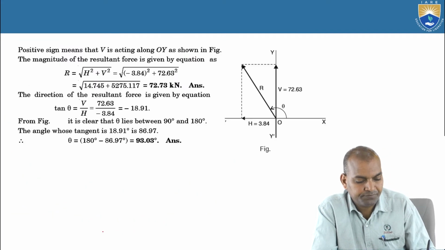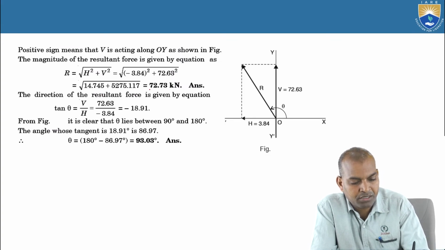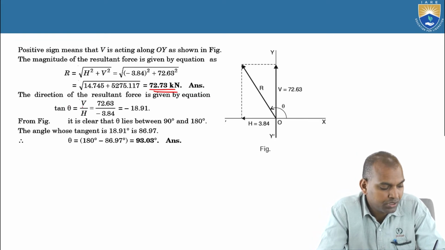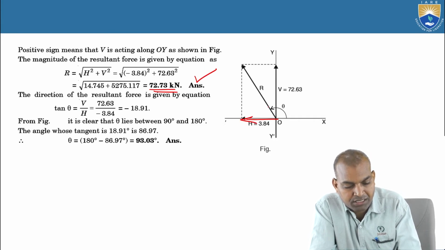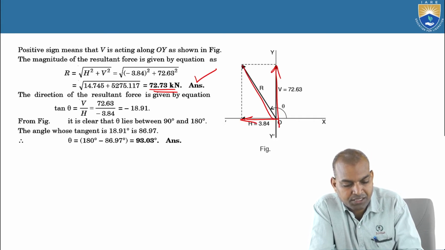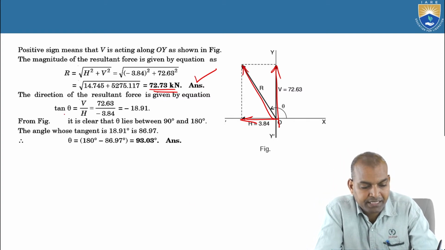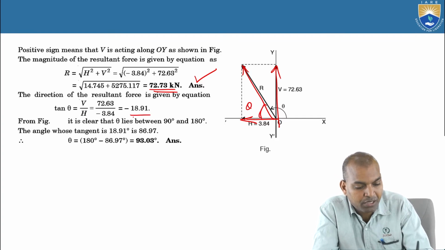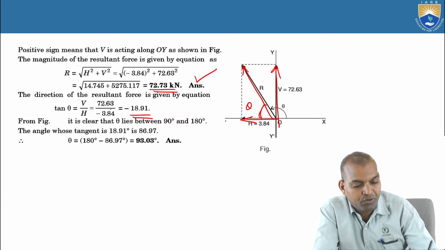Here, the H value we got it. The magnitude of the resultant force is 72.63 kilonewtons. Now you can see the direction of the resultant force. Tan theta equal to V by H, the value obtained is 18.91 degrees.